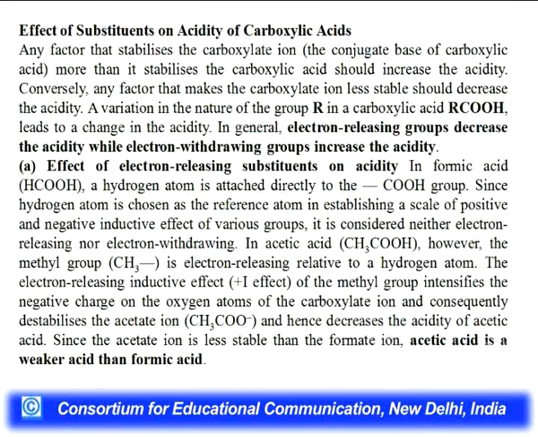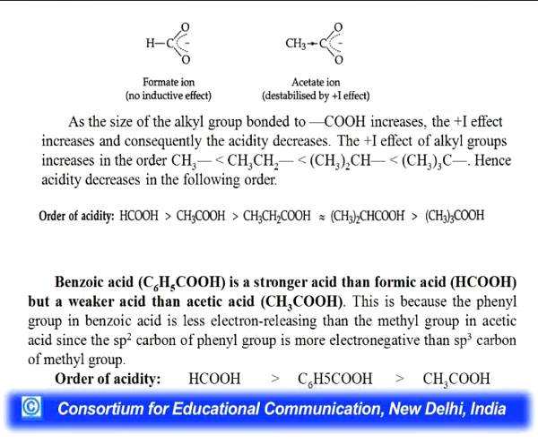We have already stated that if this negative charge is intensified, the acidity will decrease. Since the acetate ion is less stable than the formate ion, acetic acid is a weaker acid than formic acid. So, you can see the formate ion and acetate ion, how the acetate ion is destabilized by plus I effect of the methyl group.